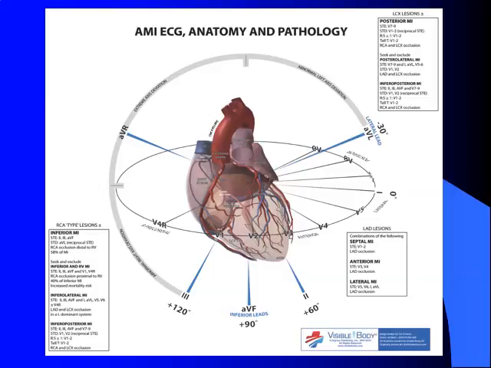Notice that where those are looking is a good representation of what we're really looking at as we move around that heart wall. You'll also see V4R, which we'll talk about in detail later. That's the V4 right. It's placed in the same location as V4, but on the right side. This is a good idea to do whenever you're dealing with certain types of MIs, and it does give you a better picture of the right coronary artery and the right ventricle.